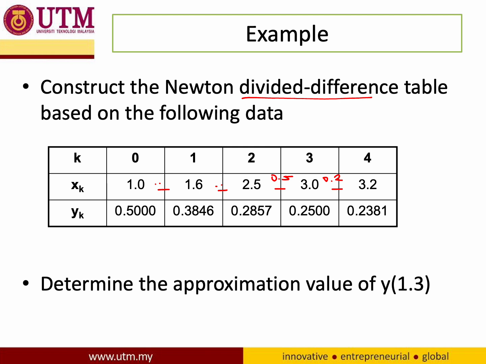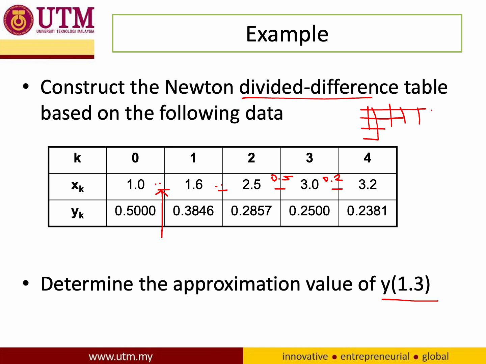Okay, so the approximation value is y at 1.3. They want to find it over here, so it is suitable to use this method. The table for Newton divided difference goes towards the top, while the table before went downwards, so there will be many more points over here.